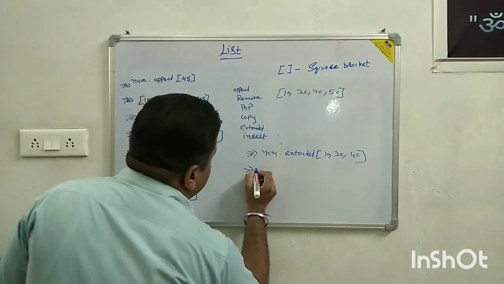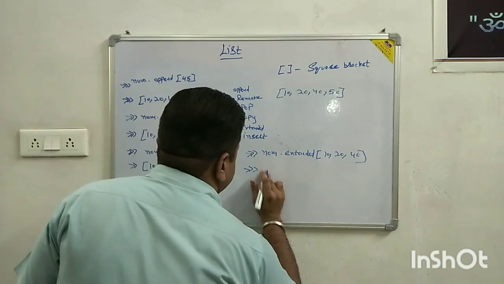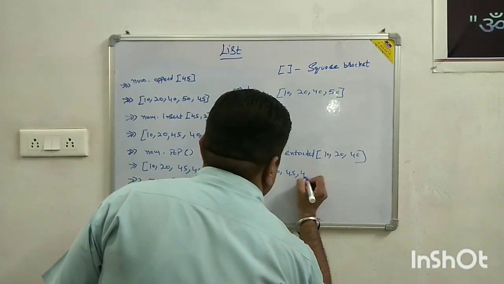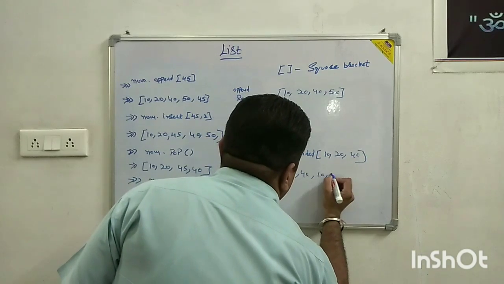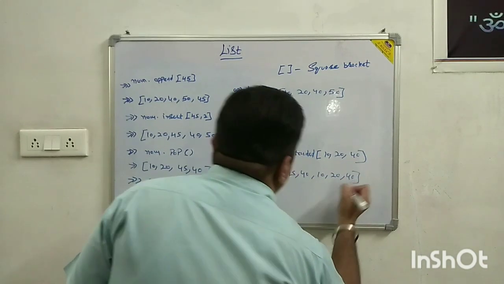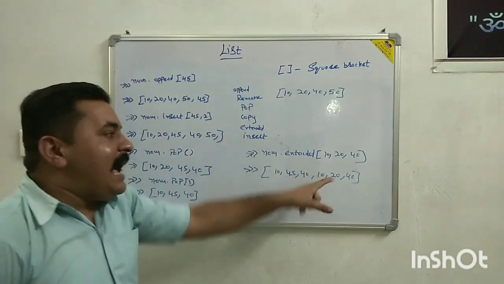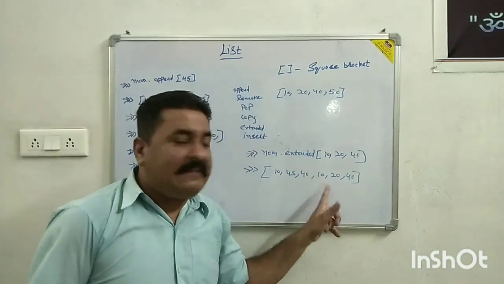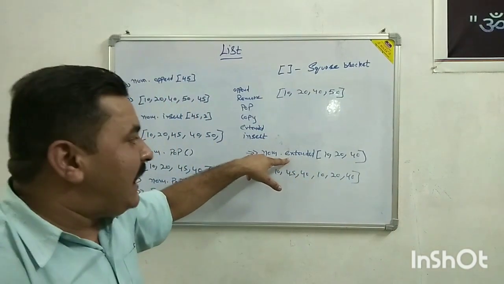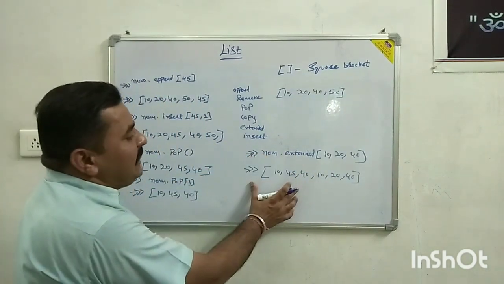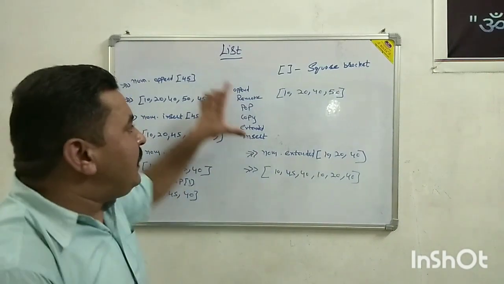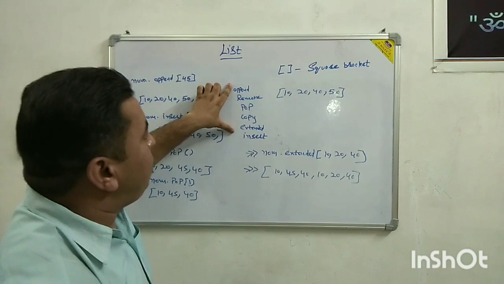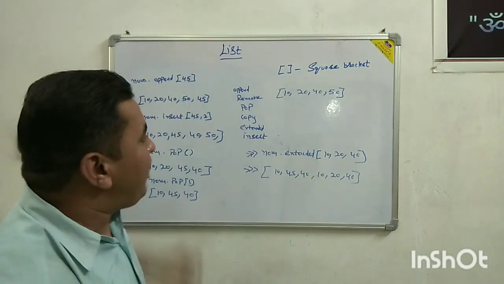Now the results come: 10, 45, 40, again 10, 20 and 40. So extend means I have inserted multiple elements in the list. So we can use a number of functions and operations while using lists in Python.